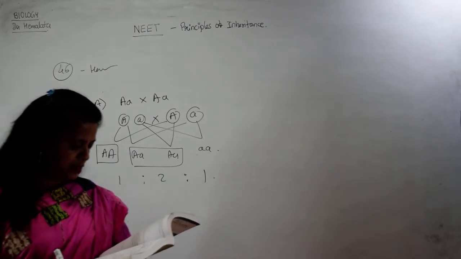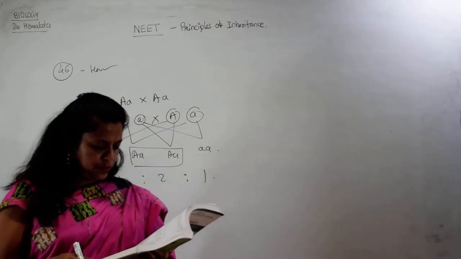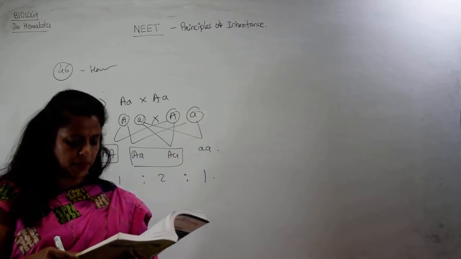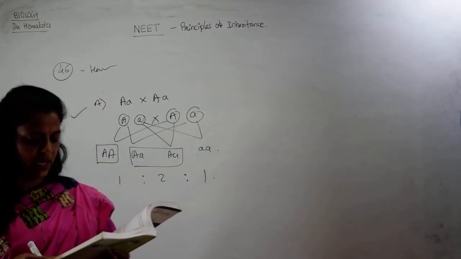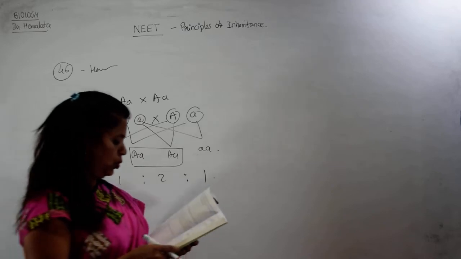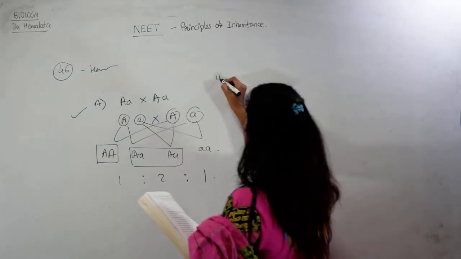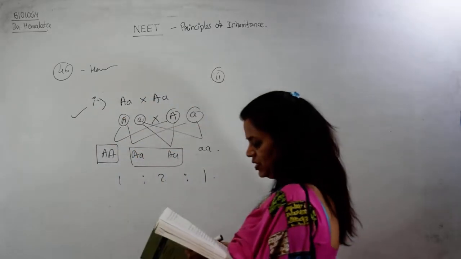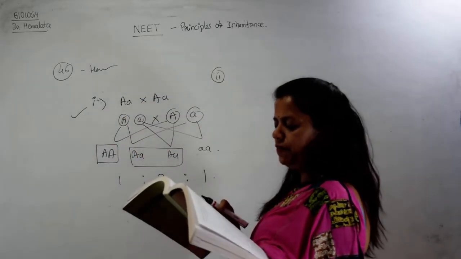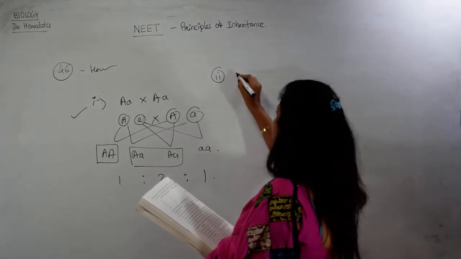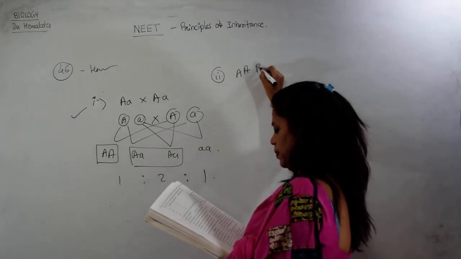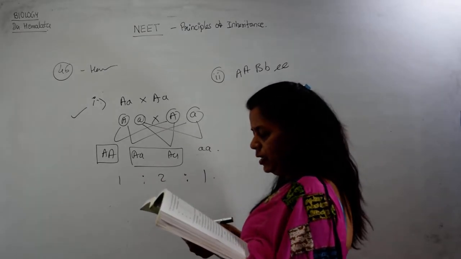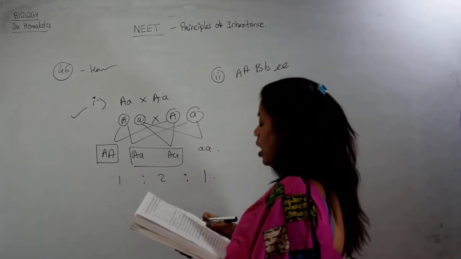Right? Second says types of genetically different gametes produced by genotype capital A, capital B, capital small b, capital C, capital small c is 2. Right? So second option, the first option they have given. Second option says that types of genetically different gametes produced by capital A, capital B, small c, small c are 2.